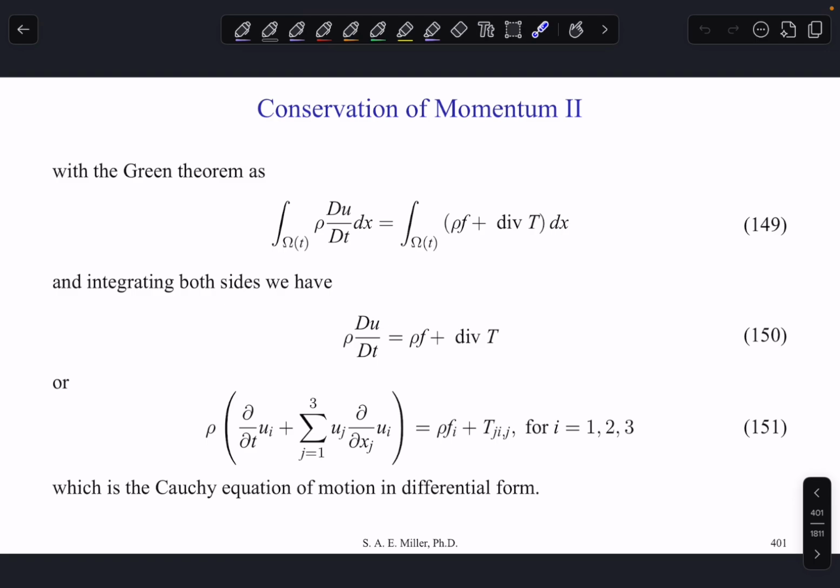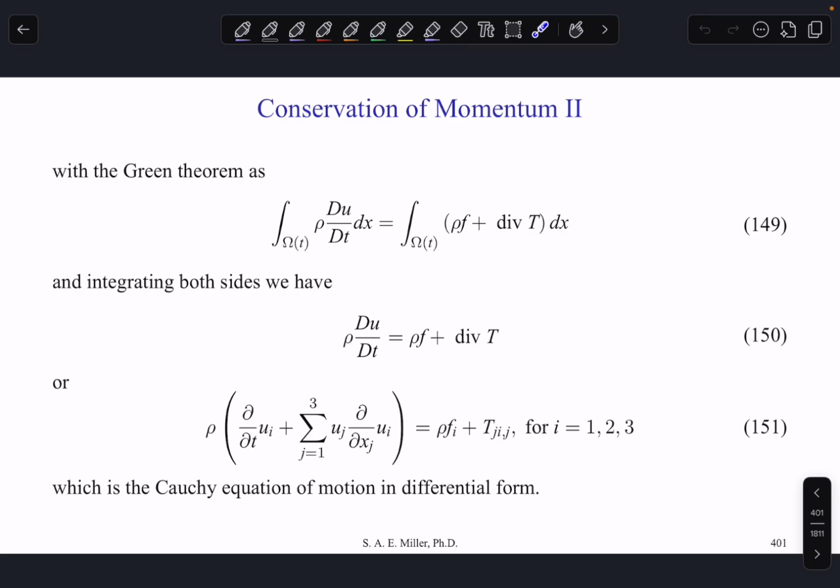Now we can write our previous equation using Green's theorem, 149, as the volumetric integral of rho times the material derivative of velocity equal to the volumetric integral of rho f plus the divergence of the stress tensor. We can integrate both sides because it's the same integral with dx, and of course we can just drop the integrals now.